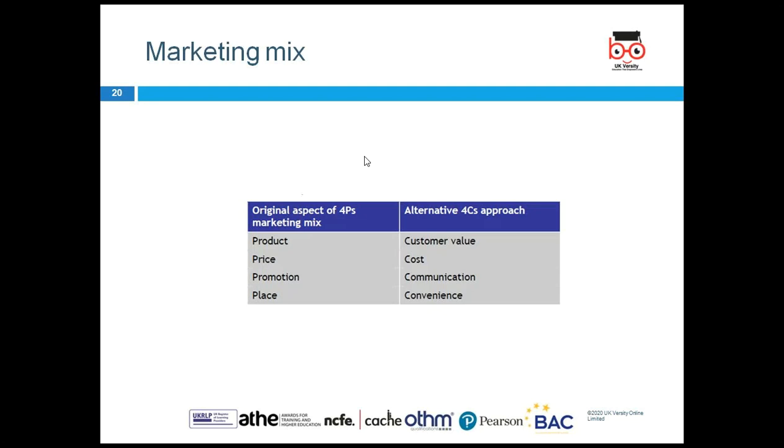So if your strategy is cost leadership, yes, you reduce your cost and focus on the price, and the difference will be your margin will be higher. Promotion. You need to think about to whom you want to communicate, what sort of ability the people have to interpret your message. Communication needs to be effective.